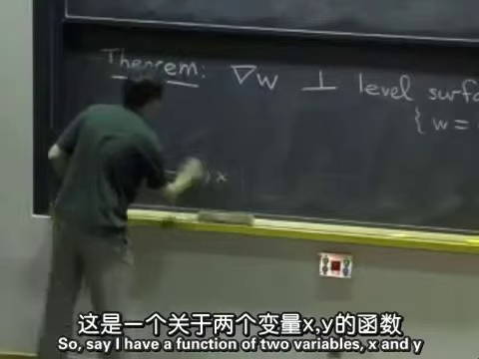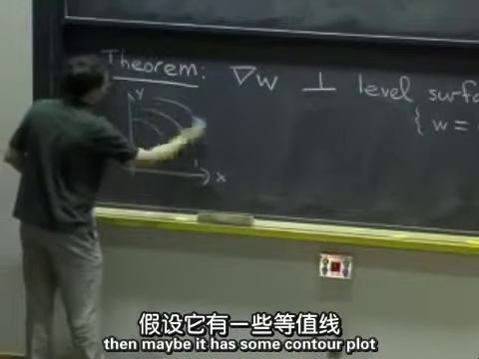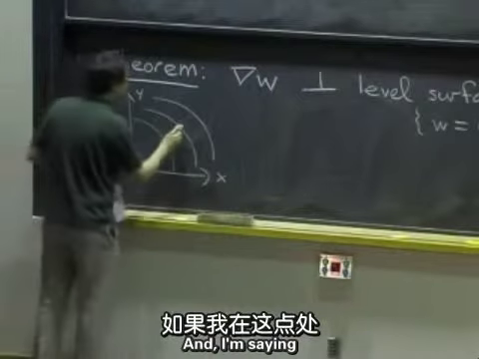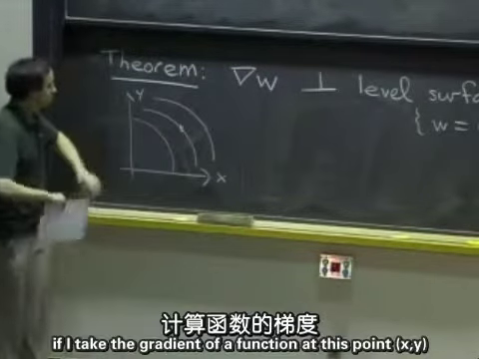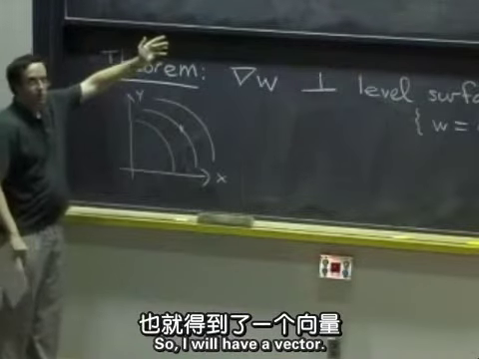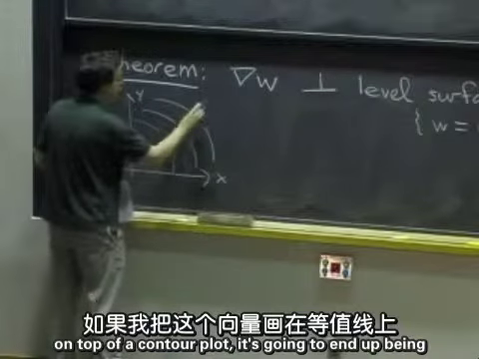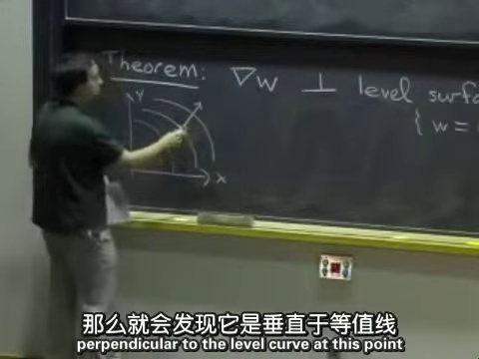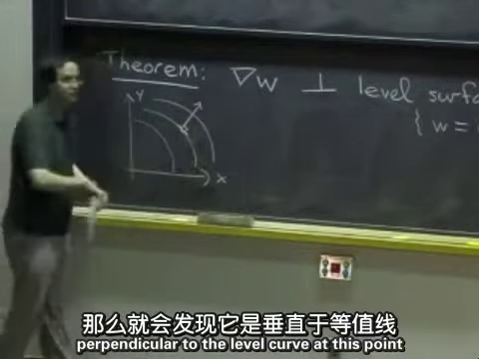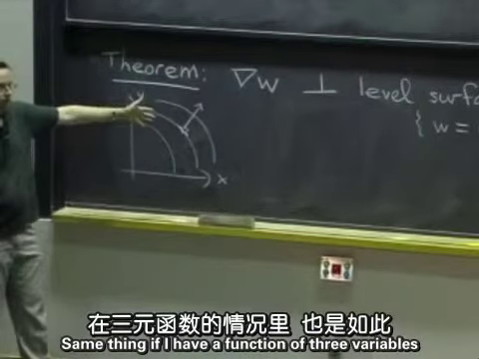Say I have a function of two variables, x and y, then maybe it has some contour plot, and if I take the gradient of the function at this point x, y, I will have a vector. Well, if I draw that vector on top of the contour plot, it's going to end up being perpendicular to the level curve at this point.